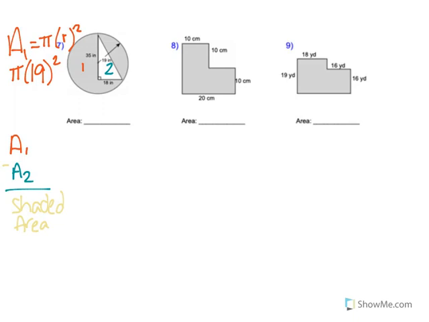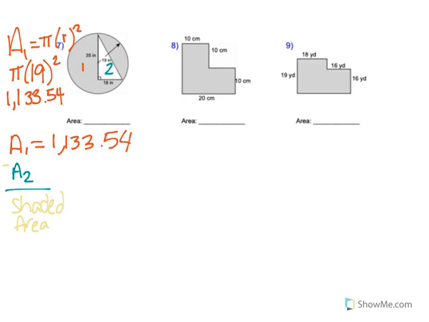So really what you're doing is taking 19 squared, which is 361, and you can multiply that by 3.14, and you should get an area of 1,133.54. So that's the area of the first shape, the circle.